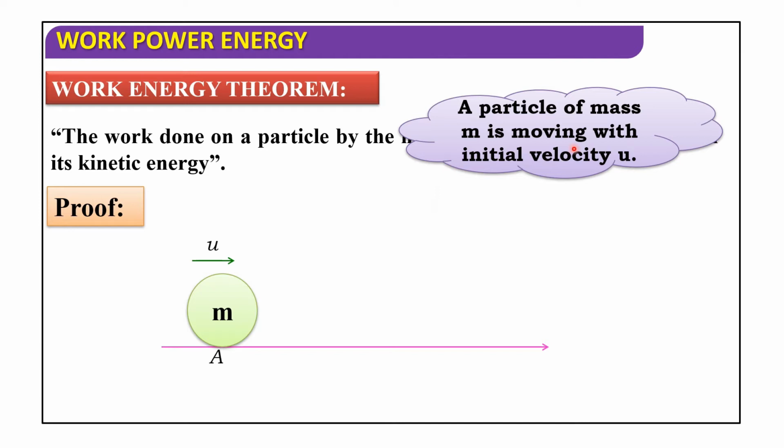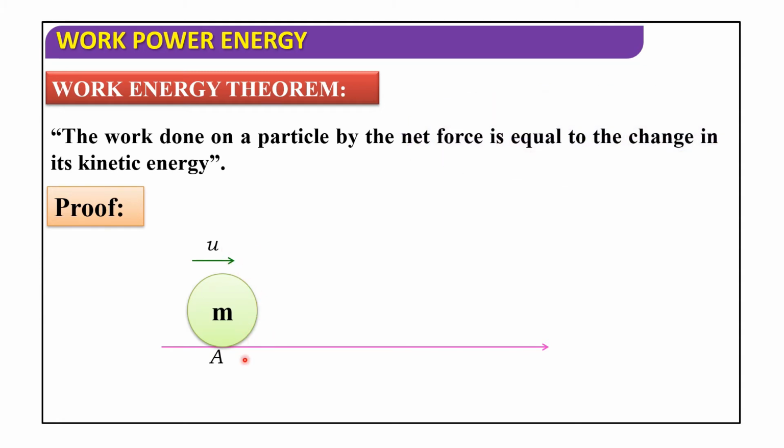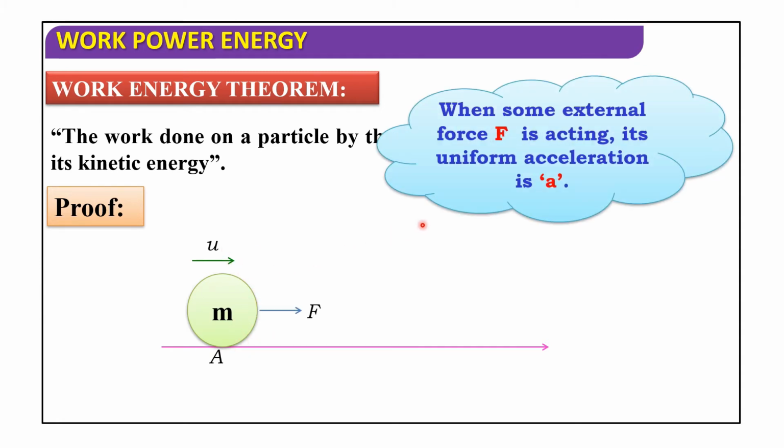A particle of mass m is moving with initial velocity u. Here in this picture, this is the particle of mass m and it is moving with initial velocity u. When some external force F is acting, its uniform acceleration is a.